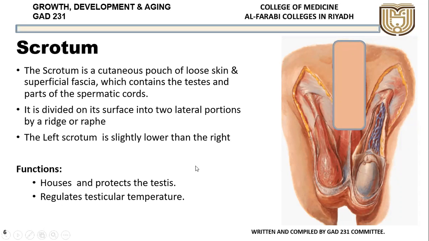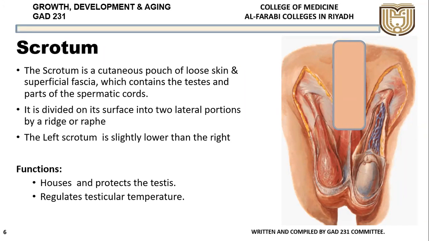Coming to the functions of the scrotum, one is it houses the testes as well as protects the testes by the skin and the superficial fascia. The second, most important function is the regulation of the testicular temperature. As you know, for spermatogenesis to take place, the testis has to maintain a temperature 4 to 5 degrees below the normal body temperature.